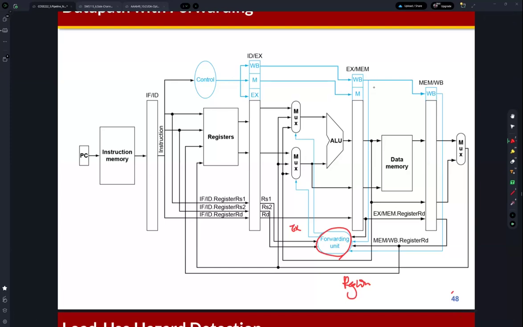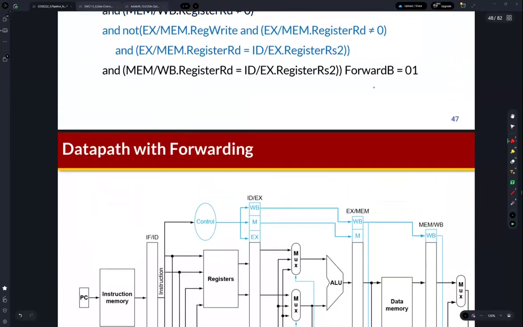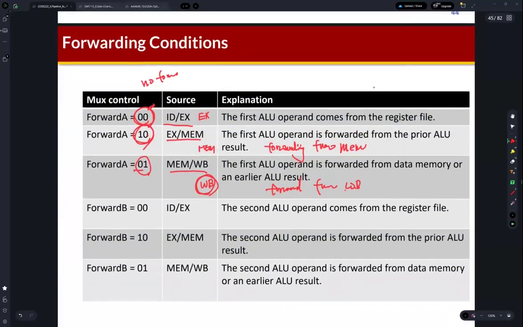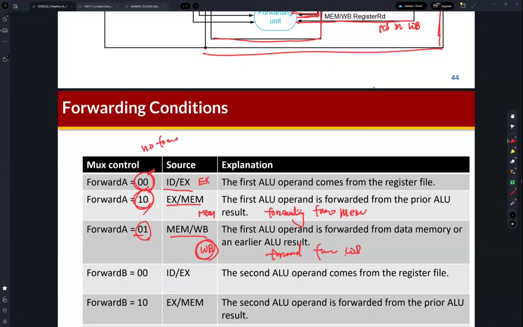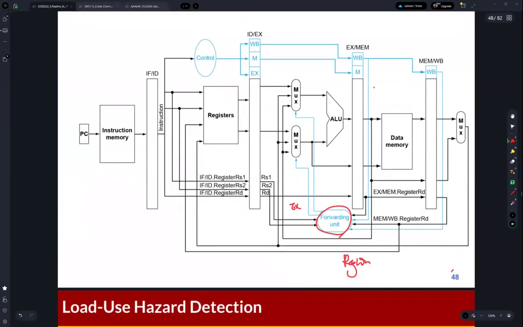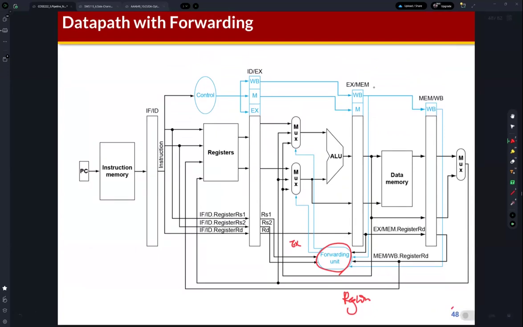So I will stop here. I just explained how to implement the data forwarding unit, and also how to implement data forwarding in the pipeline architecture, right? I hope everyone can understand this. Pipelining is a very simple concept, okay?